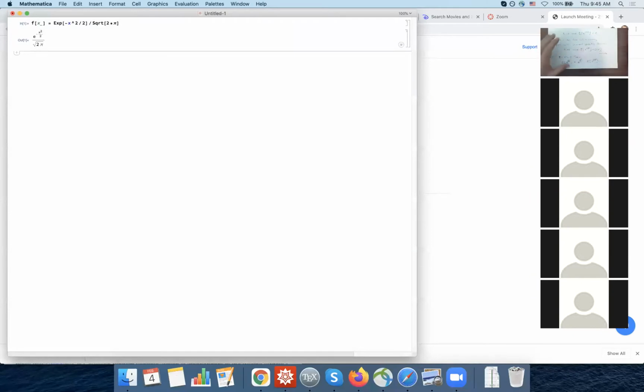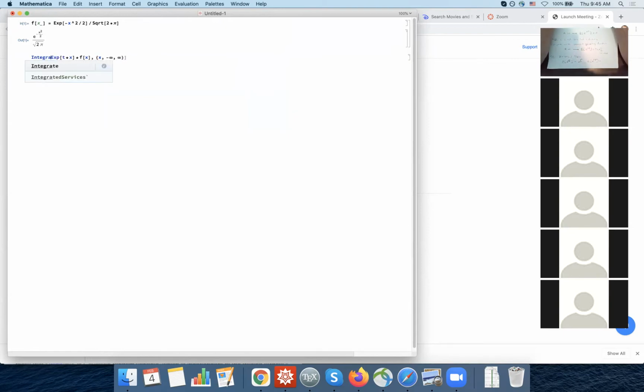I'm interested in the characteristic function, so that will be the exponential of i times t times x times f of x, integrated for x between minus infinity and infinity. So this is what Alice says should be e to the t squared divided by 2, and that looks good, Alice, you're right.